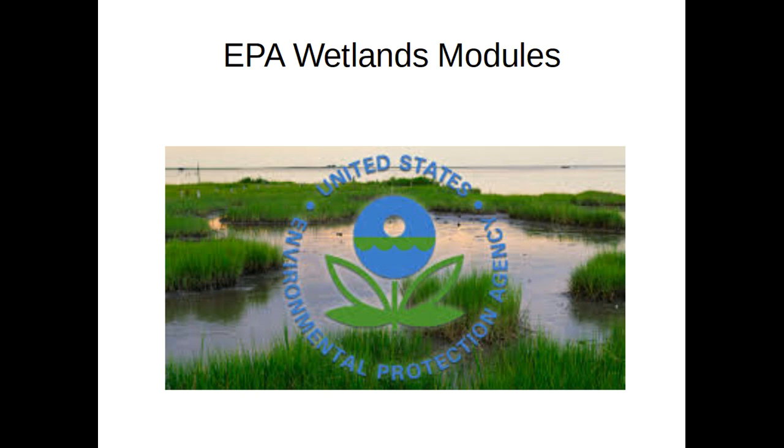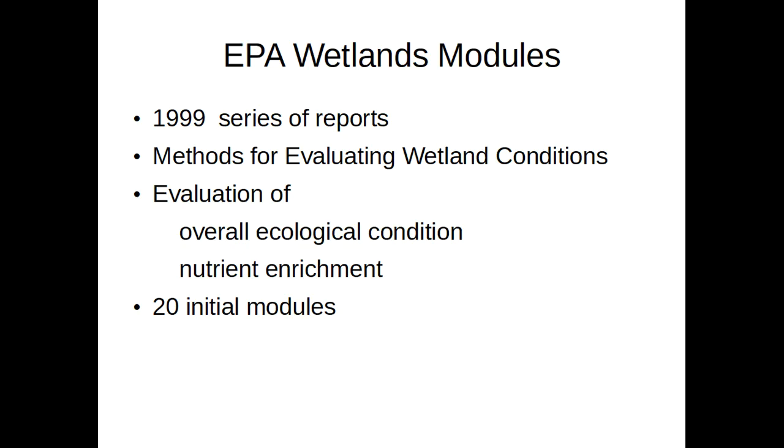I'm here to talk to you today about EPA Wetland Module 1, Introduction to Biological Assessment. In 1999, the U.S. Environmental Protection Agency began work on this series of reports entitled Methods for Evaluating Wetland Condition.